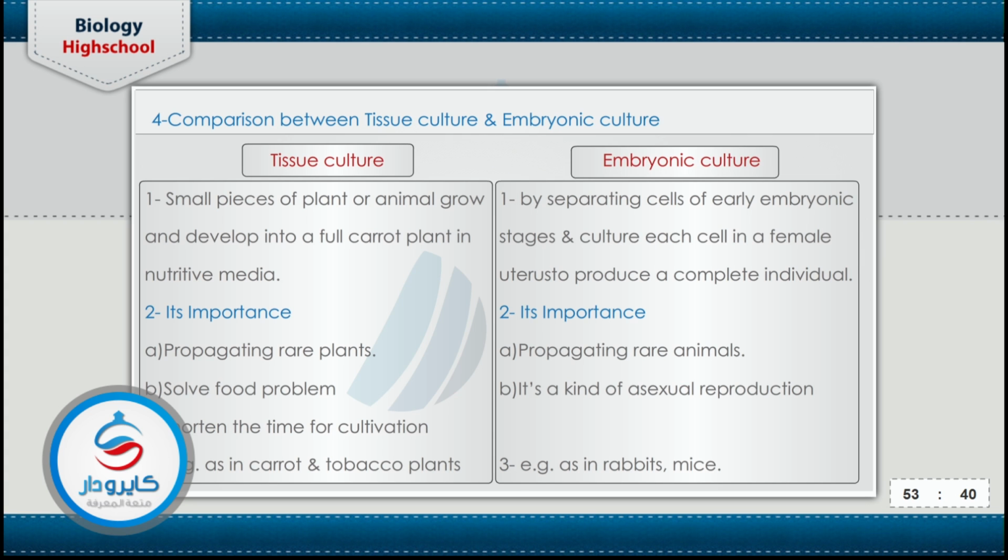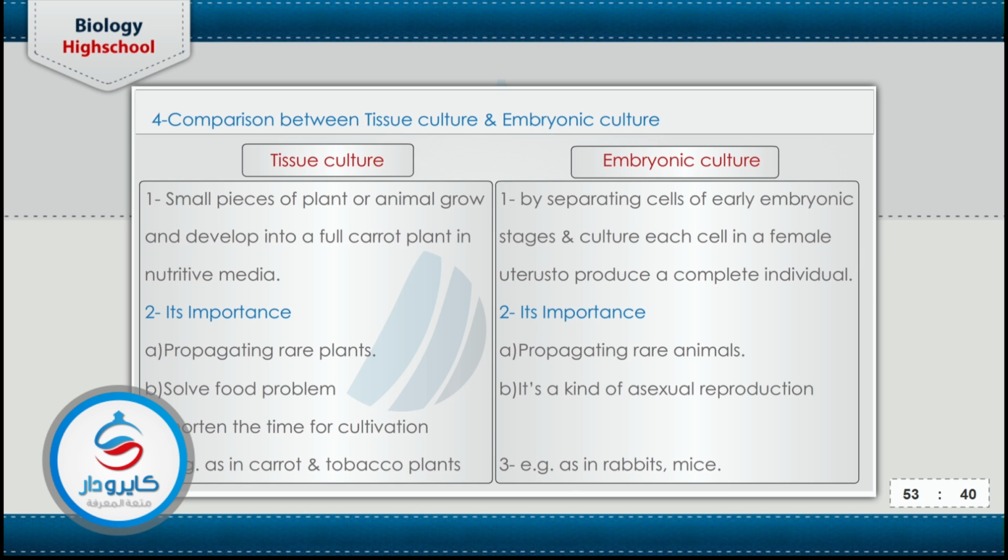But embryonic culture means separating the cells of early embryonic development stages and culturing each of them in a female uterus to produce a complete individual.